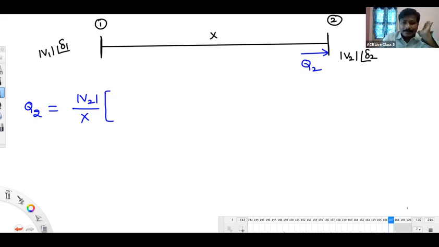Direction of reactive power: from which bus to which bus? Tell me please. 1 to 2. I have shown the direction in the diagram. I'm not saying that reactive power is flowing in this direction as a positive number. I have given the direction in the figure, 1 to 2. So I should write here V1 minus V2, bus 1 to bus 2: V1 minus V2.